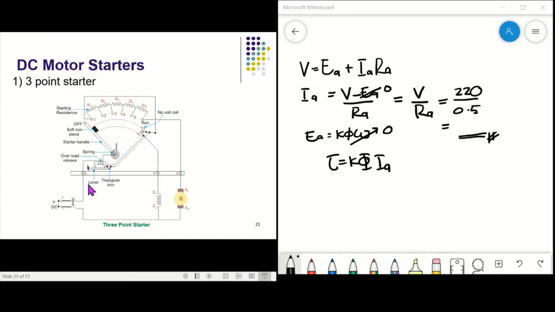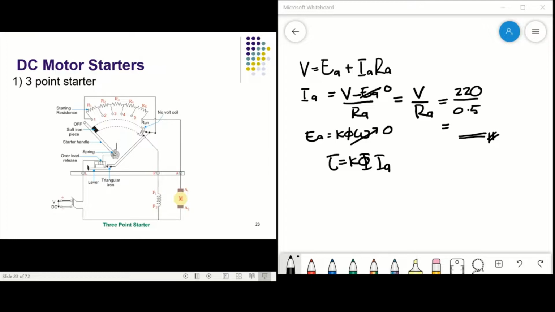This is a shunt motor. You have an armature circuit here and a field circuit here. This is the terminal voltage. This is the electromagnetic no voltage coil. The no voltage coil holds the lever at this position, and this electromagnet releases the lever when there is no supply voltage.